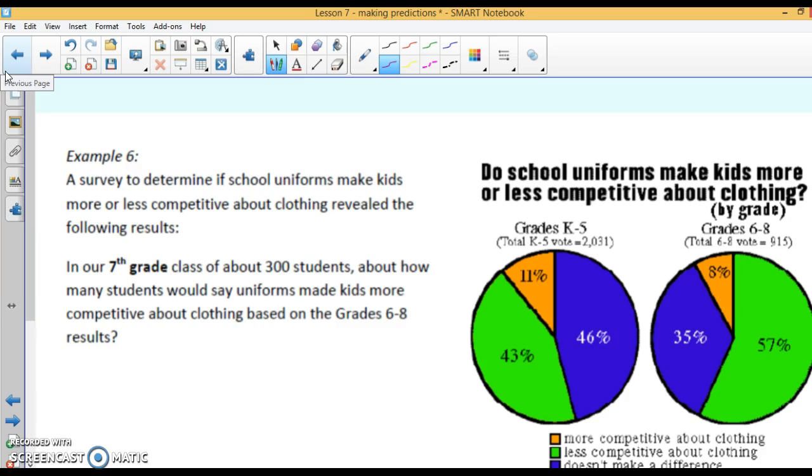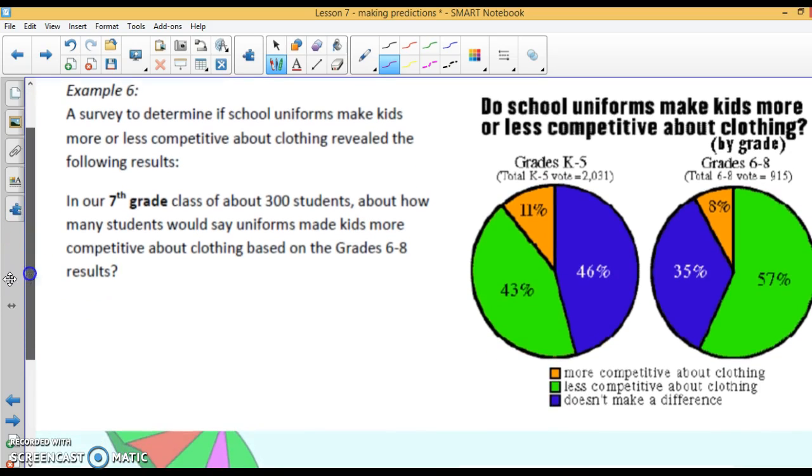All right, a survey to determine whether school uniforms make kids more or less competitive about clothing revealed the following results. Our 7th grade class has about 300 students. About how many students would say uniforms made kids more competitive about clothing based on the grade 6 to 8 results? So here's the 6 to 8 result, and it says more competitive.